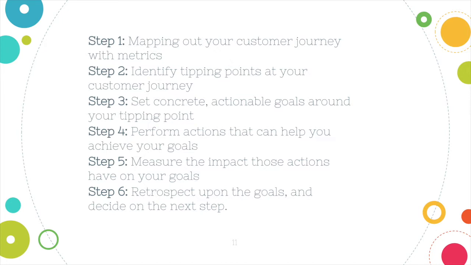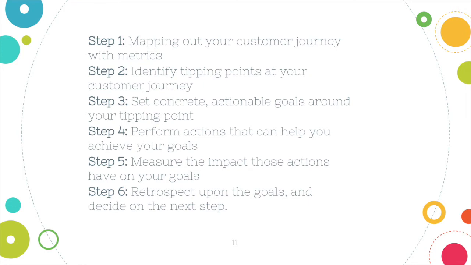And then step 6, which is the last stage, is you want to run a retrospective on the goals. If you accomplished it, what did you do well? What was a primary factor that contributed to the accomplishment of the goal? If you didn't accomplish it, what are some things that were beyond your expectation, that you expected to go a lot higher but ended up not doing so? And then based on the analysis of your retrospective, you might decide, okay, we want to use this goal again for the next 30 days, or maybe have a different goal for this metric.